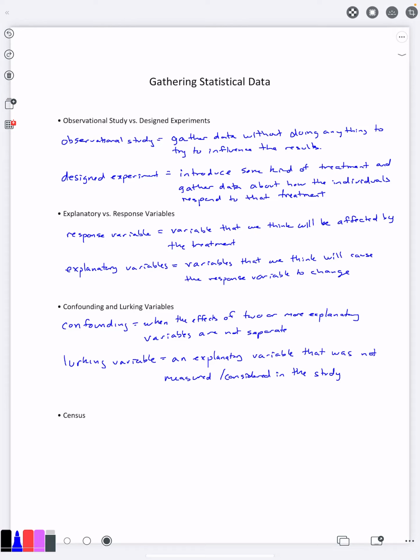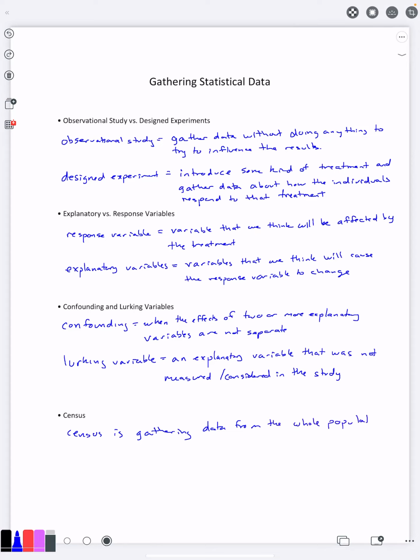So all of these things are here for the types of data collection we're going to do. Now there is one big data collection, and that's the word census. That is not something you are going to probably do yourself. A census is gathering data from the whole population.